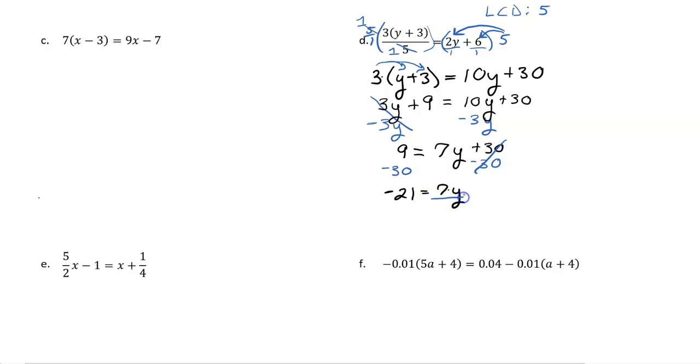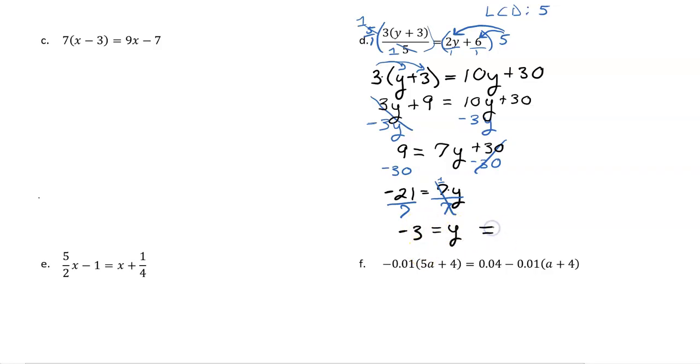So again, the multiplication property of equality, let's divide by the 7. That reduces away the coefficient on the y, leaving just the y term. Negative 21 divided by 7 is negative 3. Now we have negative 3 is equal to y, but the nice thing about that equal symbol is that we can flip around the order.